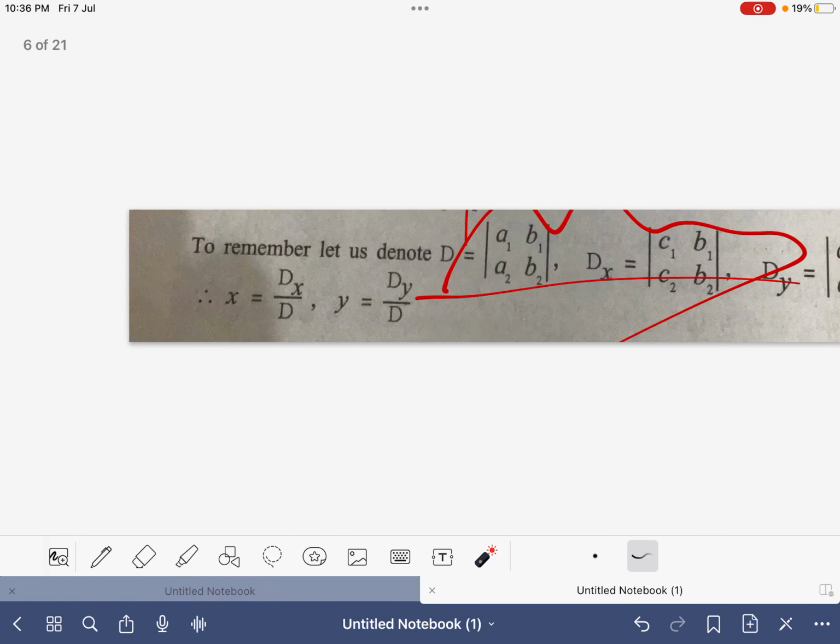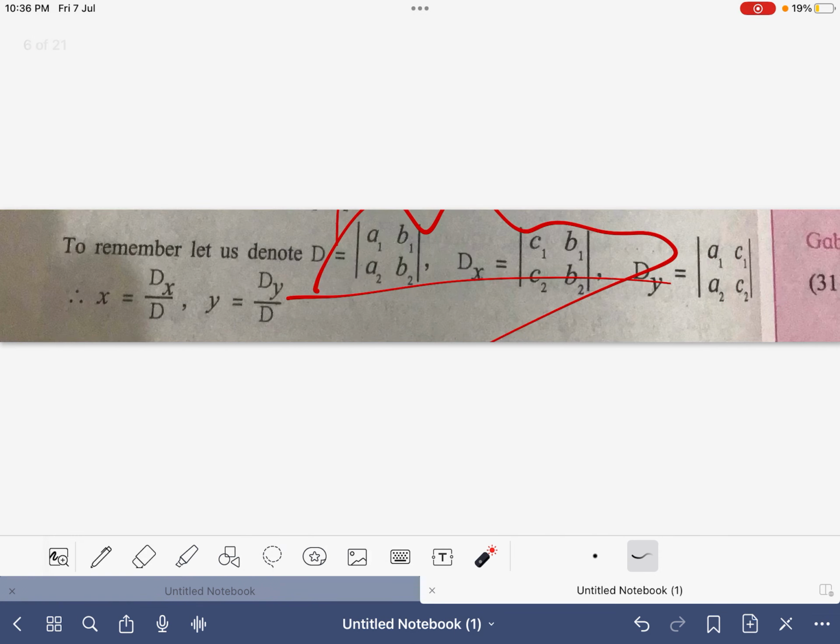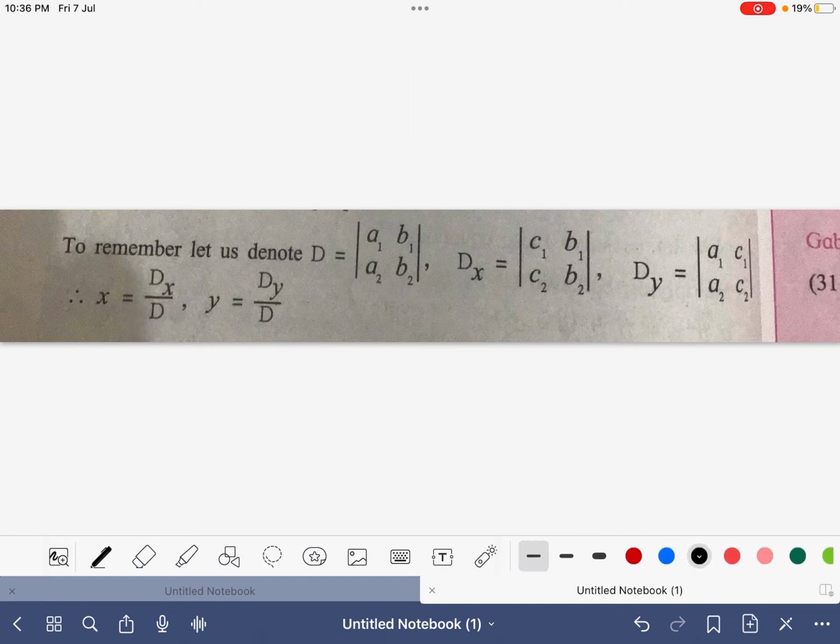So let's move to the next point. These are the shortcuts that we have to keep in mind. So Cramer's rule means we are dealing with these formulas: d, dx, dy, and x and y.